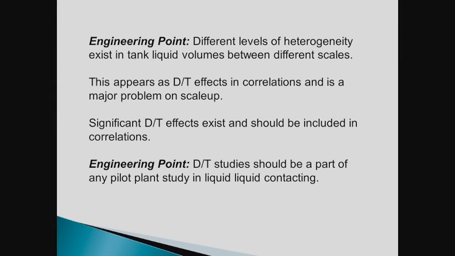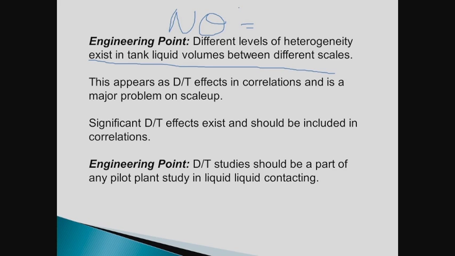Different levels of homogeneity exist in liquid volumes at different scales. We already know that larger tanks do not mix the same way as smaller tanks. Although the N theta values may be constant, on scale up the mixing time, theta, can't remain constant.